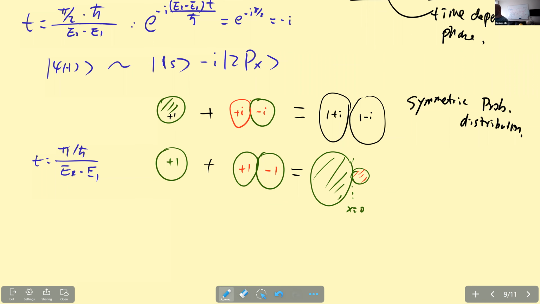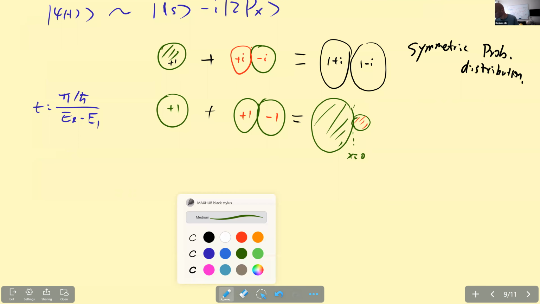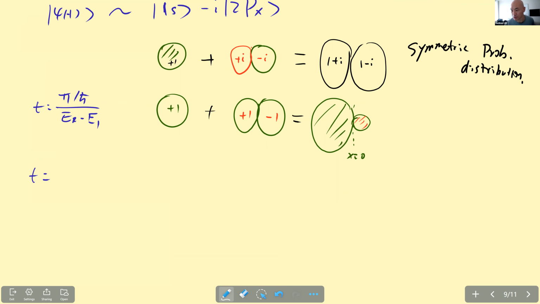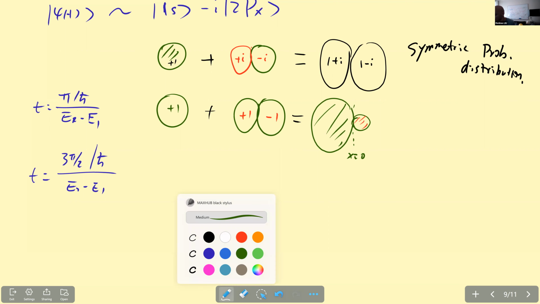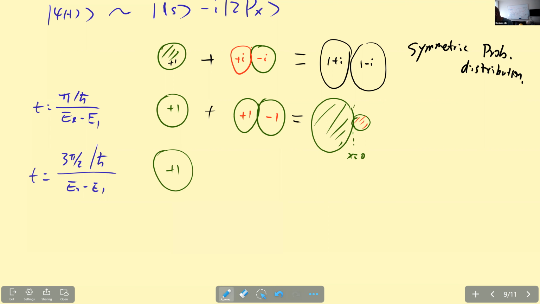Okay, of course you can continue this process. How about t equals 3 pi over 2 times h bar divided by E2 minus E1? Okay, you get something like this. This is still plus 1. And now this one has two parts, right?